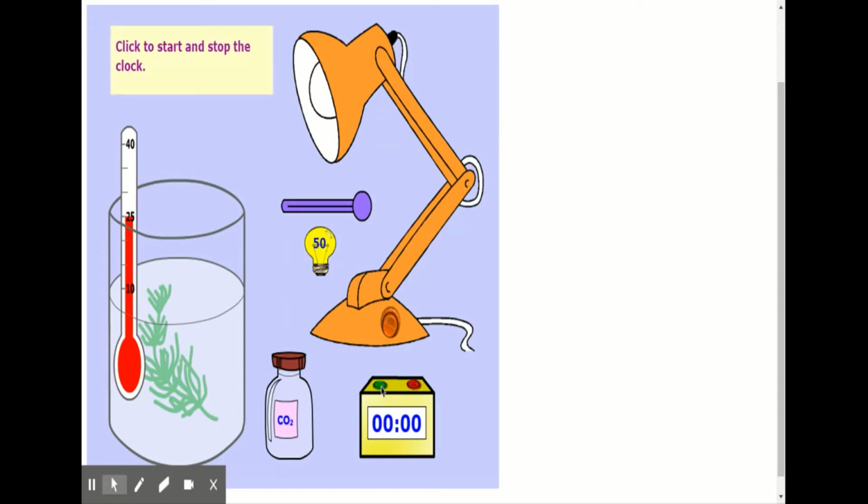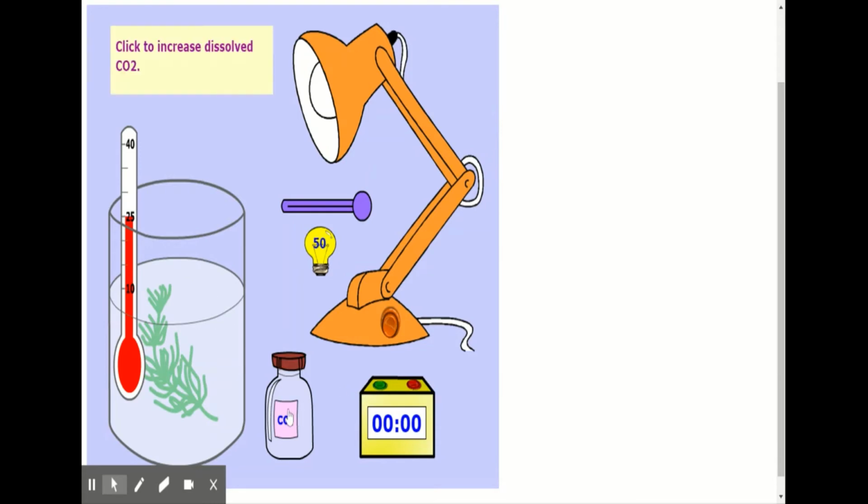So when we're ready, once the bubbles have been produced, start the timer and count the bubbles. 1, 2, 3, 4, 5. You're going to count those bubbles for an entire minute, stop the clock, and write in your first result. And then you can reset your clock and repeat.